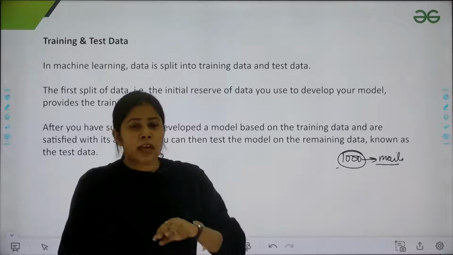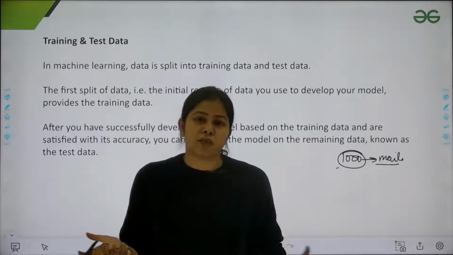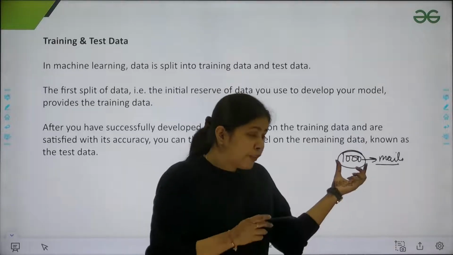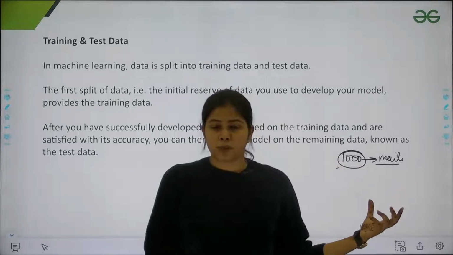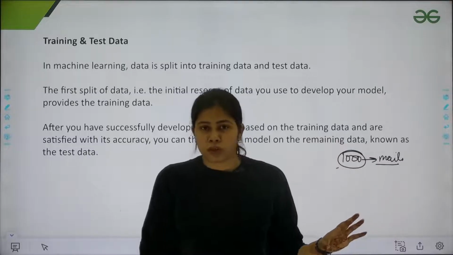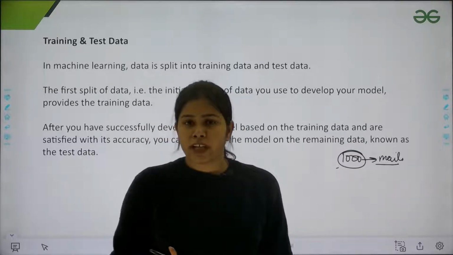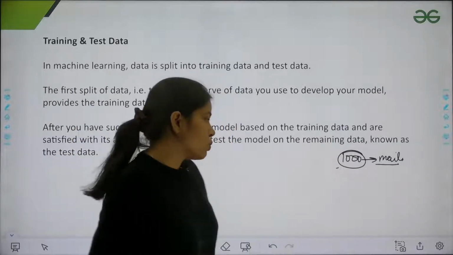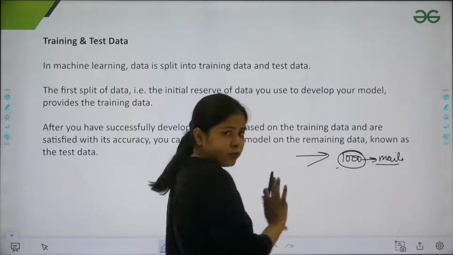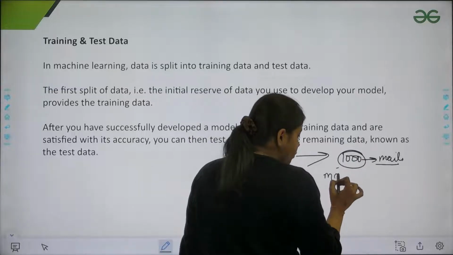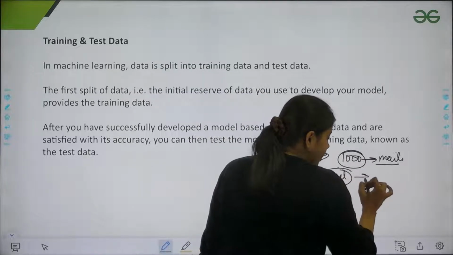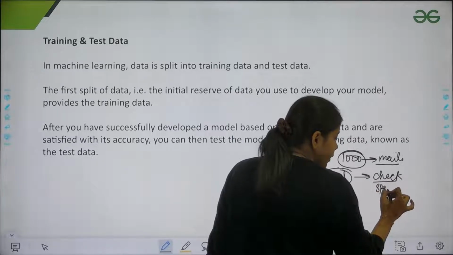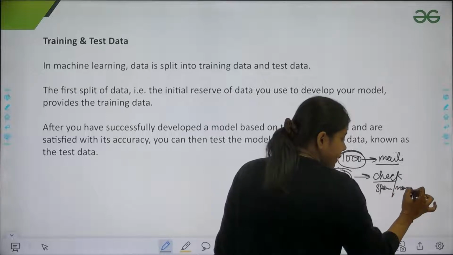If I give all those 1000 mails to a machine to learn, the machine would learn which mail is going to be spam and which is not. It would identify some words or patterns, so that when I give it any new mail, I can check what it is giving, spam or non-spam, right?